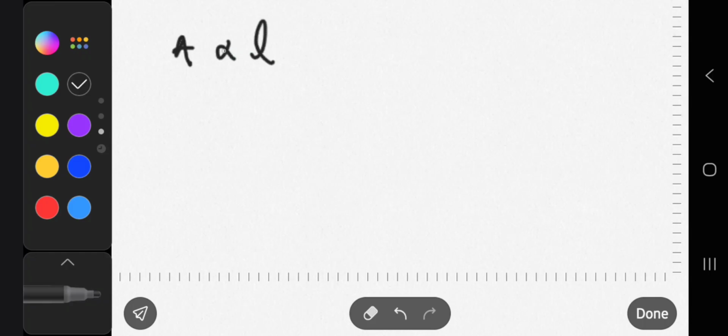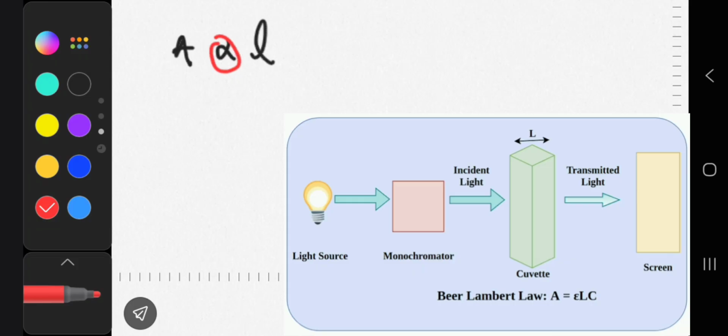Usually this is a proportionality sign, so if you want to eliminate the proportionality sign, you introduce a constant. So that constant, let's say, is k, giving A = kL. This is according to Lambert.